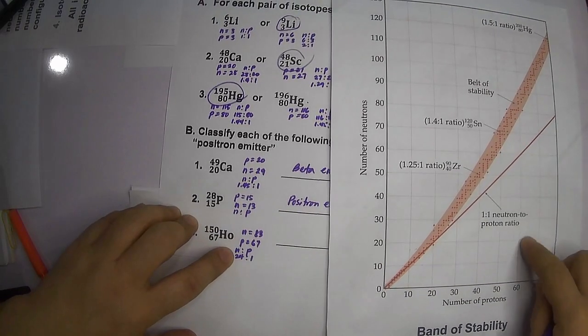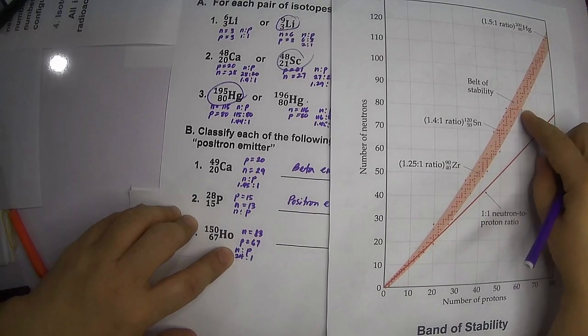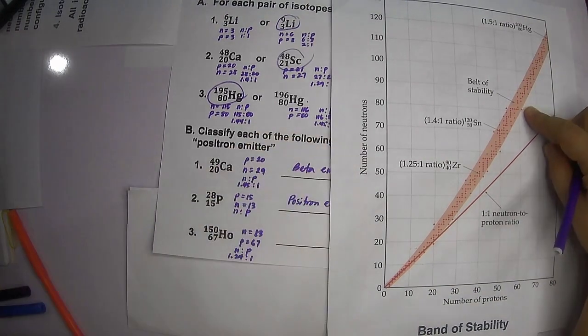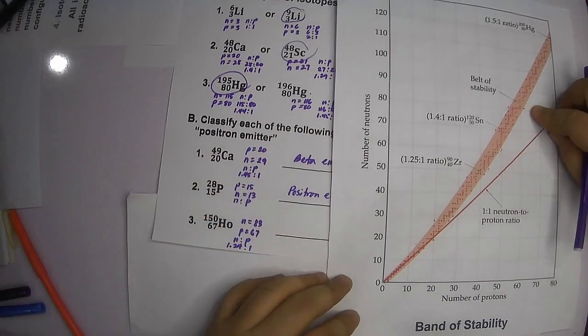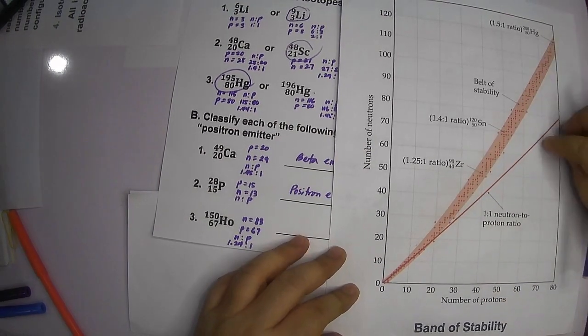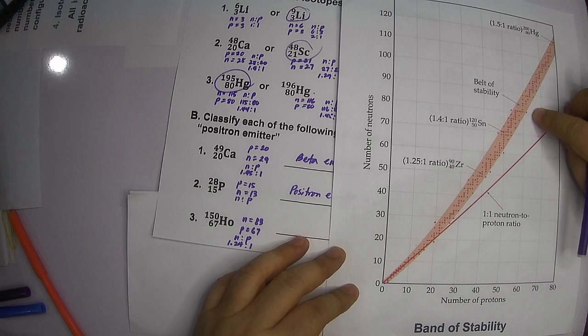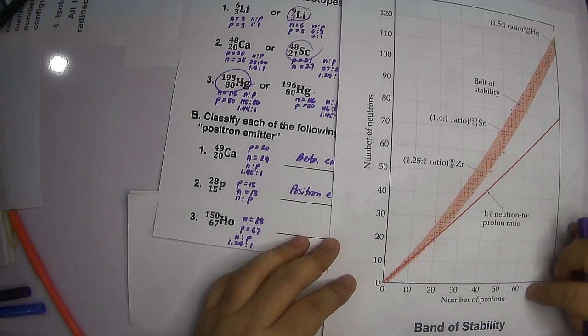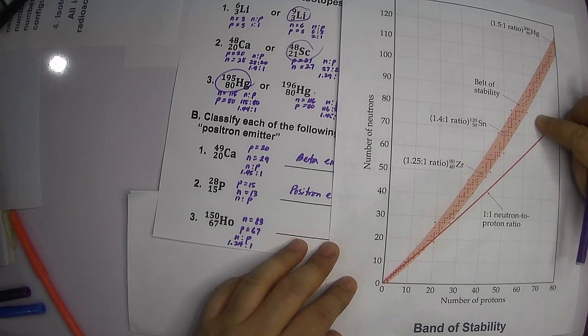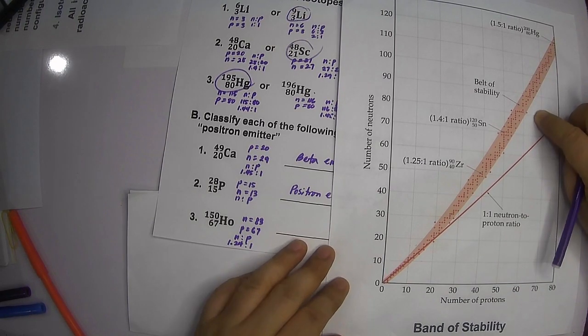Proton 67 here, and the neutron is 83 here. So it is below the band of stability, or the belt of stability, as others may call it. We have 67 here and we have 83 only.